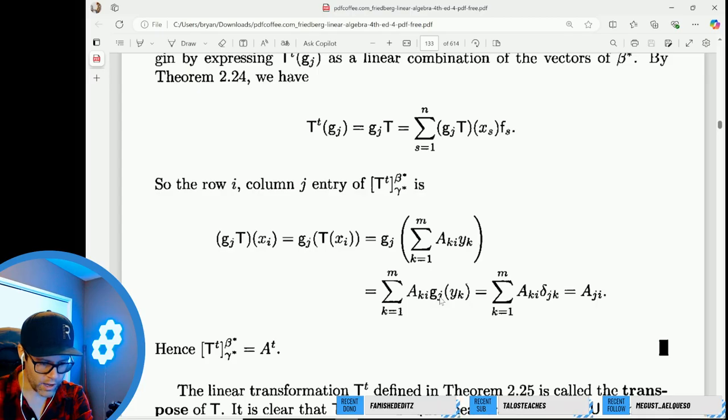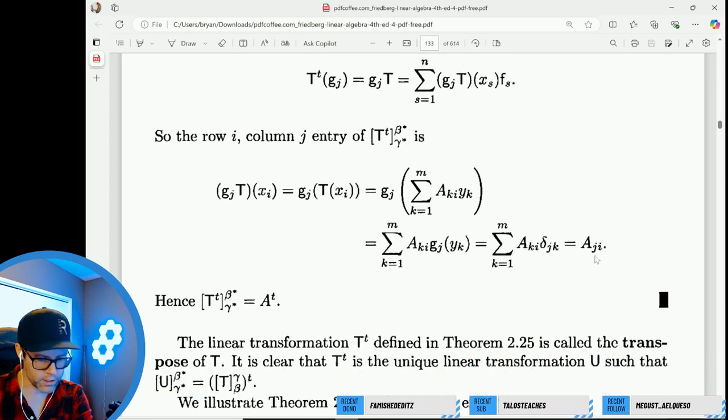Now gj evaluated at yk, they're going to replace that with Kronecker delta because only a certain number of those things are going to become 1. In fact, it's only going to happen when j and k are equal to each other. So that's where we get the aji. So k equals j is the only one that we're going to recapture after doing this calculation. And we know that aji is the transposed element of aij.